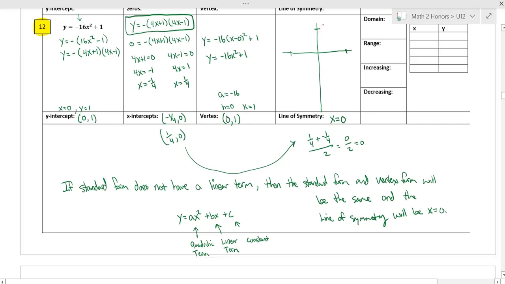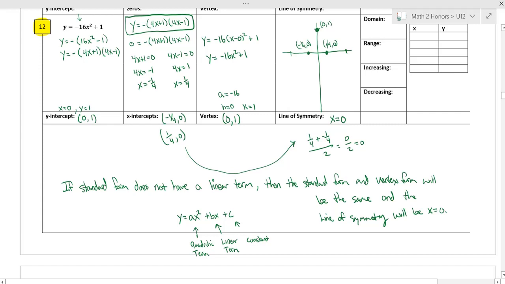Okay, so our vertex is at (0, 1). Our x-intercepts are at (1/4, 0) and (negative 1/4, 0). We only have 3 points, so we need 2 more points.